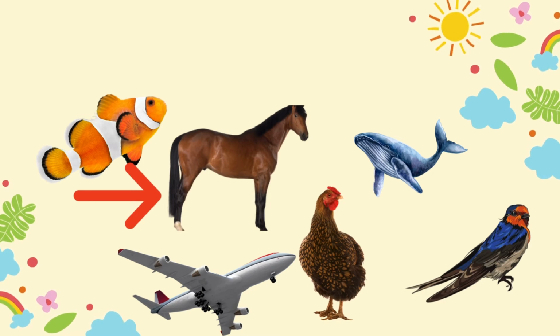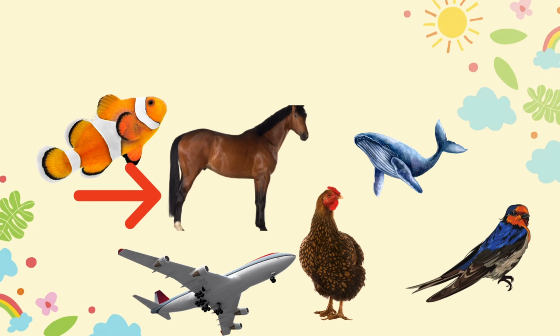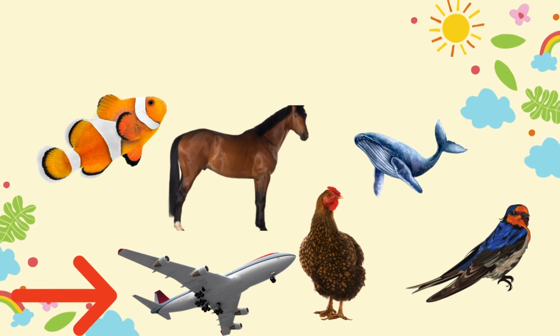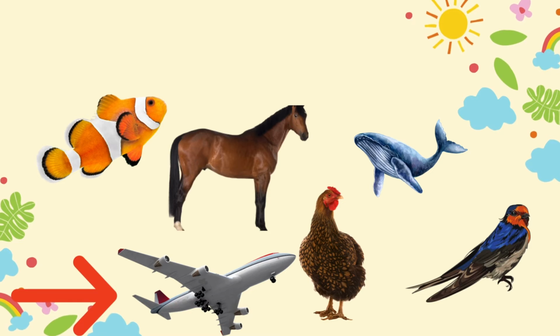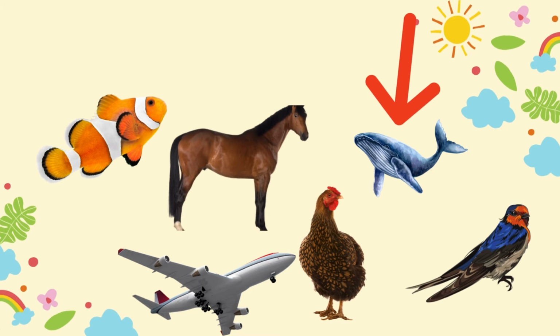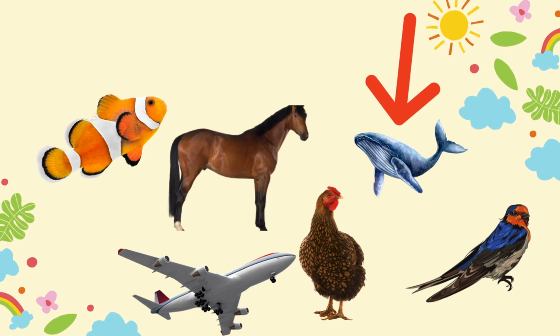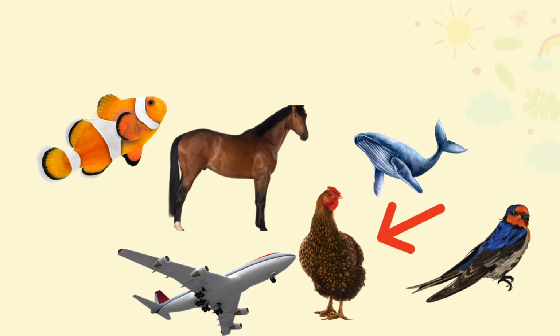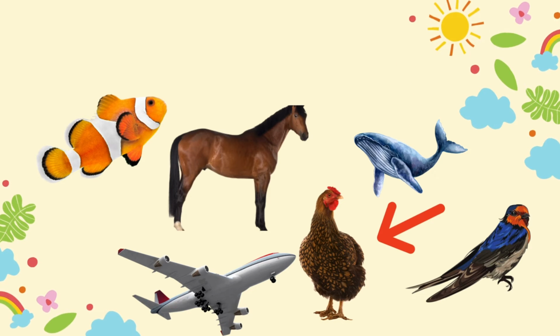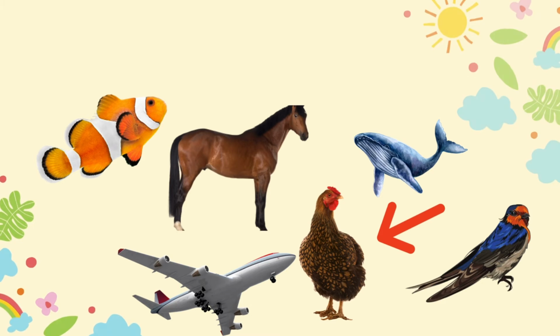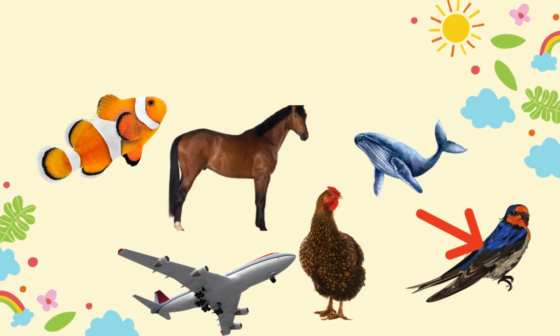We have a horse. We have an airplane. We have a whale. We have a chicken. And we have a bird.